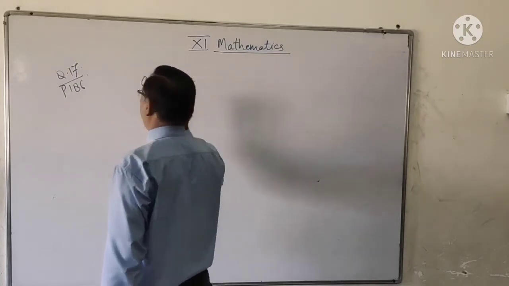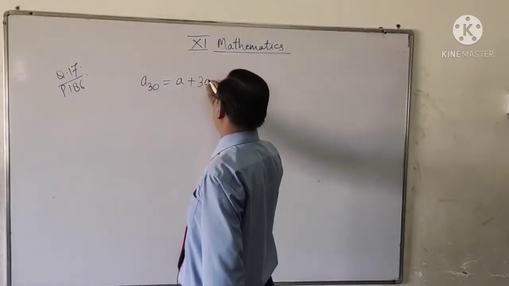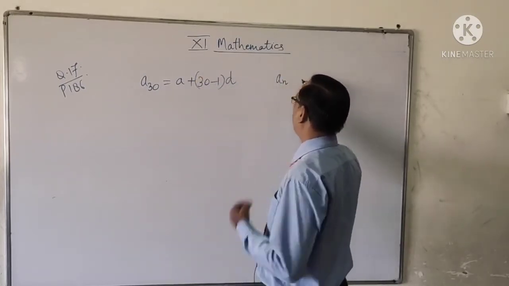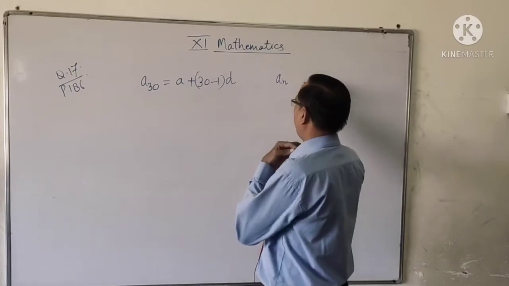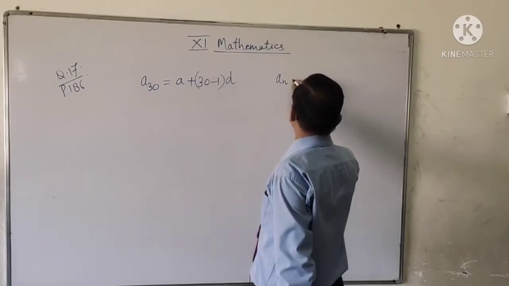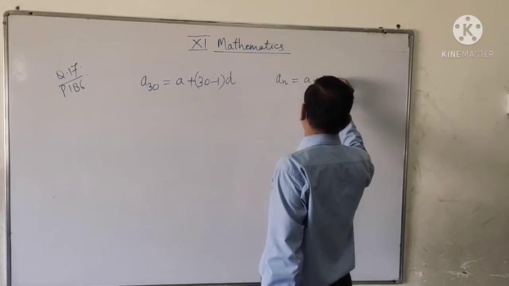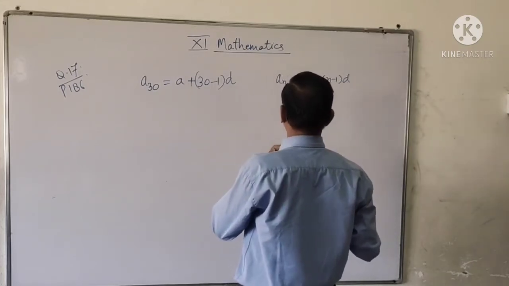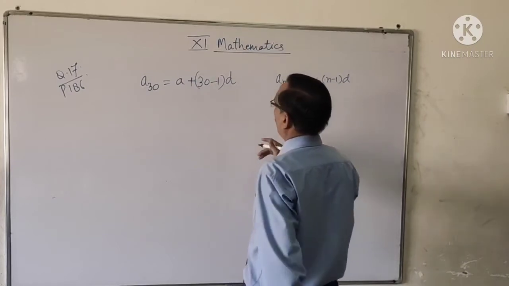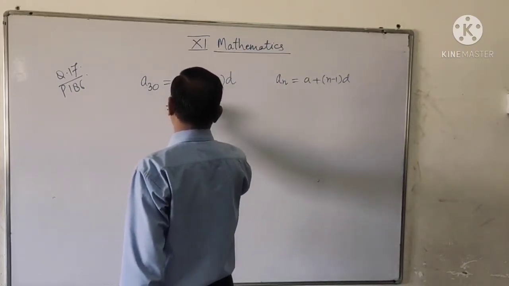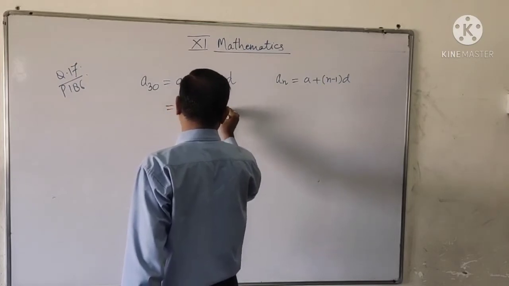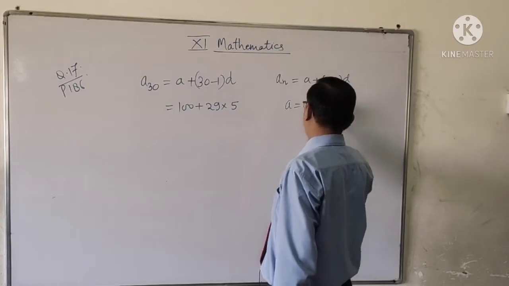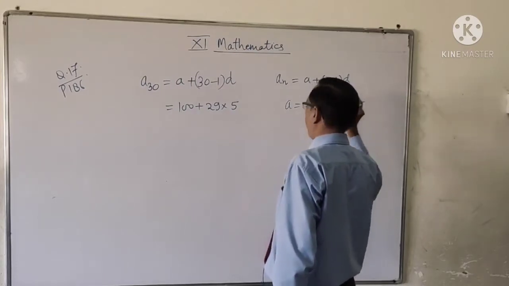A30 is A plus 30 minus 1 into D. There is a formula of An: it is A plus n minus 1 into D. So it is 100 plus 29 into D, where A equal to 100 and D equal to 5.